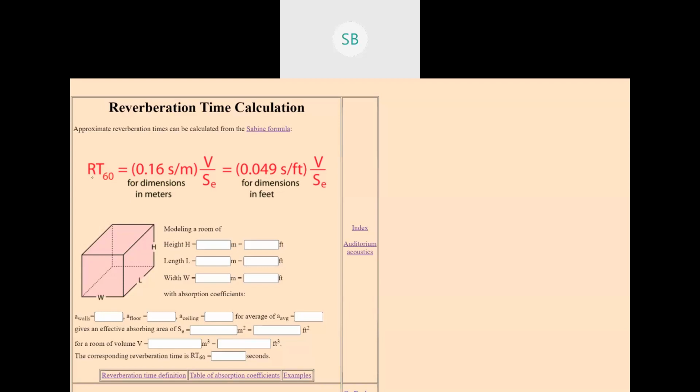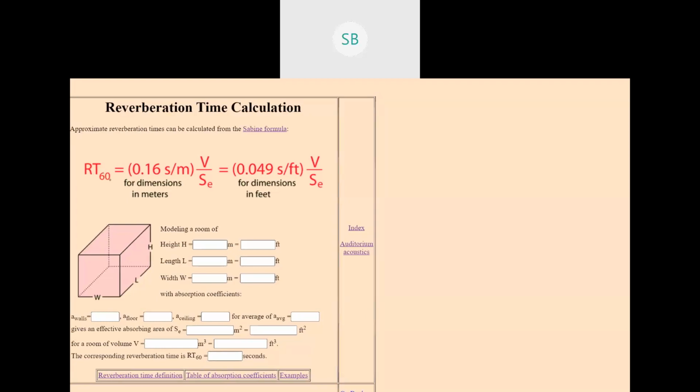So now here RT is reverberation time, the 60 dB decay. RT60 equals 0.16 V/A, in Sabine per meter. Where does that figure 0.16 come from?